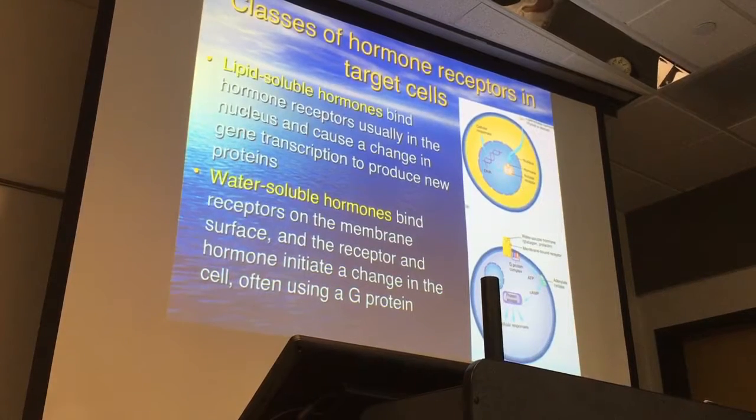Most have them inside. And when the hormone binds to the receptor in the nucleus, then that's going to cause certain genes to be transcribed, translated, modified, move the proteins around, and produces the cellular response. Okay? This is how all of those lipid-soluble hormones work.